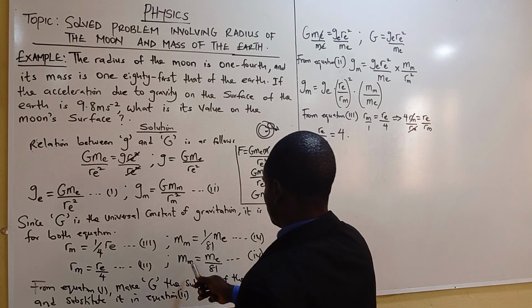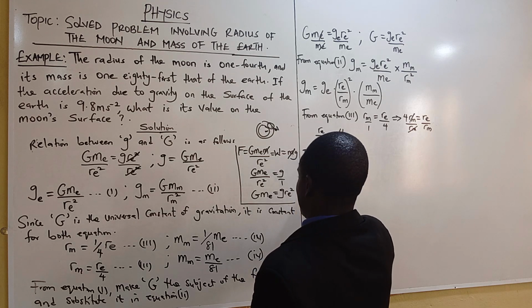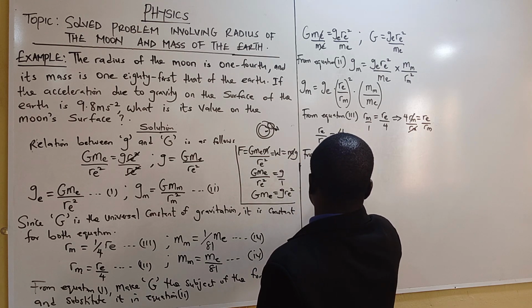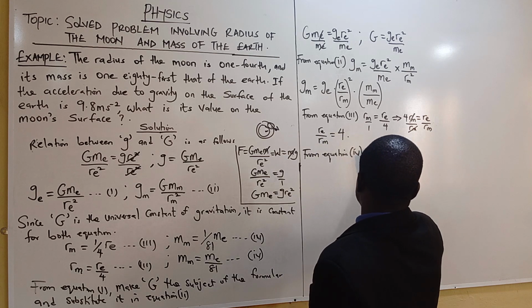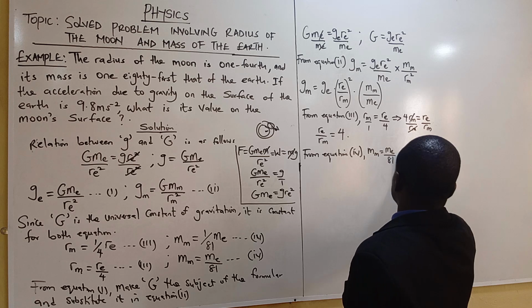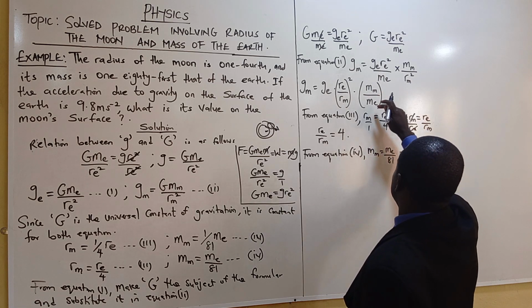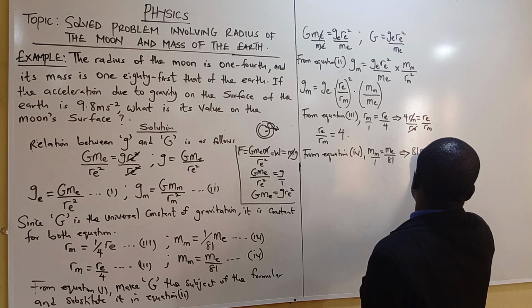Let's go to the second equation. From equation 4, you have m equals M e over 81. What expression do you have? Let's cross multiply first. We have 81 m equals M e.